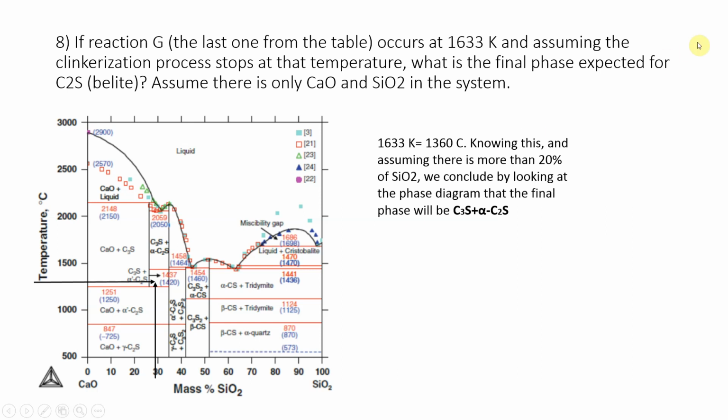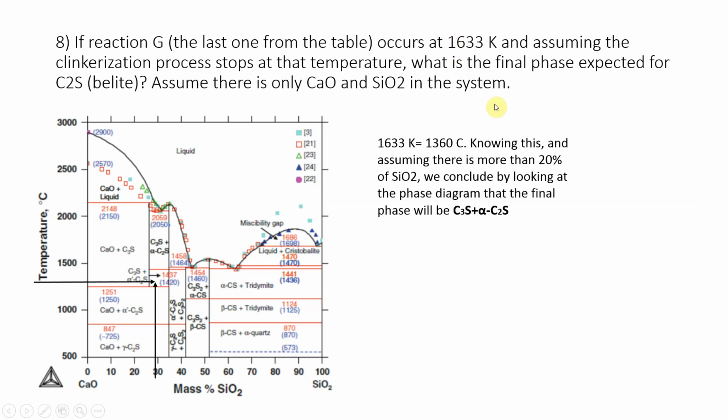Next question. If reaction G, the last one from the table, occurs at 1,633 K, and assuming the clinkerization process stops at that temperature, what is the final phase expected for C2S or belite? Assume there is only CaO and SiO2 in the system. For our phase diagram, we need to convert this 1,633 K into Celsius.